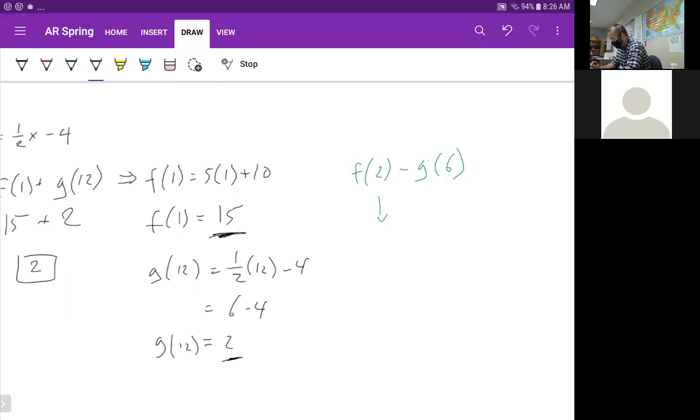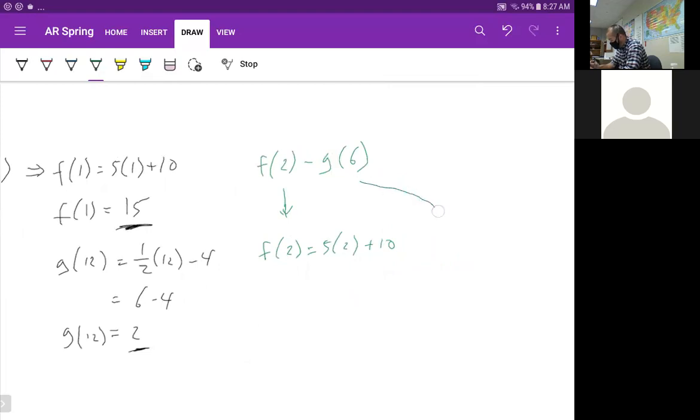So let's break this down a little bit. I'll show this one a little bit differently. So let's do f of 2 equals 5 times 2 plus 10.